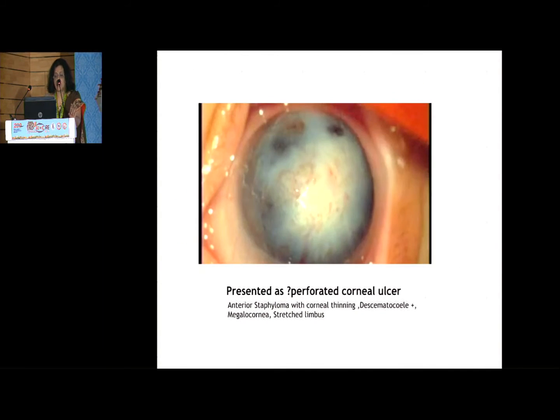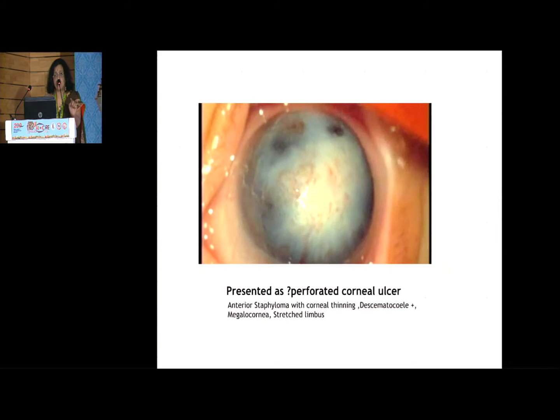And then this child presented to us as a perforated corneal ulcer with a large cornea in a less than 1-year-old child. Whether it was an anterior staphyloma which has perforated, or a congenital glaucoma which was neglected and there was a corneal opacity which secondarily got infected, now the patient is like this.